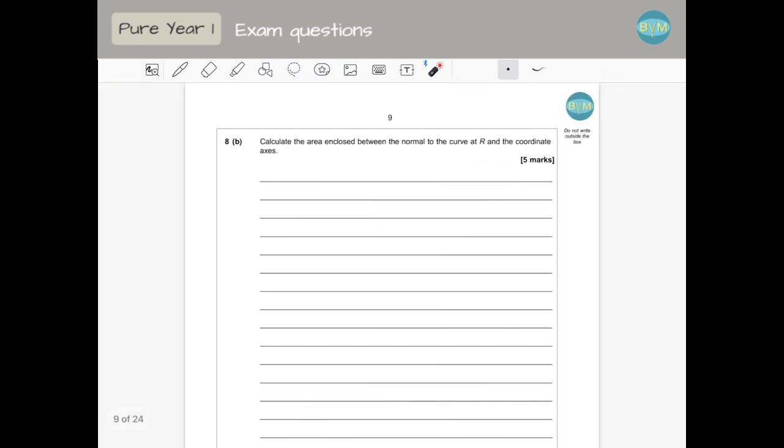For the next part of the question, they say calculate the area enclosed between the normal to the curve at R and the coordinate axes. We are not very sure what the curve looks like, and it really doesn't matter. We could find out, but we don't need to. So we have our curve doing whatever it's doing here. We have the point (2, 3) in the first quadrant, so point R. And we have the tangent and the normal, which is perpendicular to that tangent.